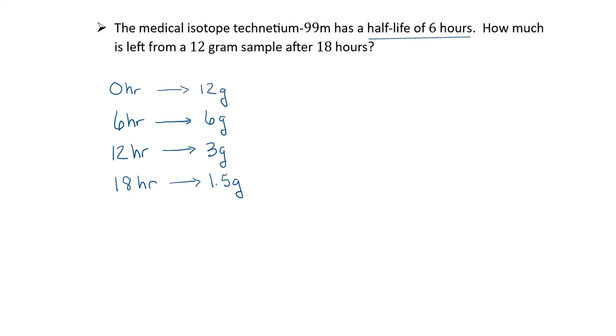Now I'm going to show you another way, because if they wanted to know a number of hours that was not some multiple of the half-life, you'll need to have another strategy. So my half-life is 6 hours. The constant of decay is going to be the natural log of 1/2 divided by that half-life of 6 hours.